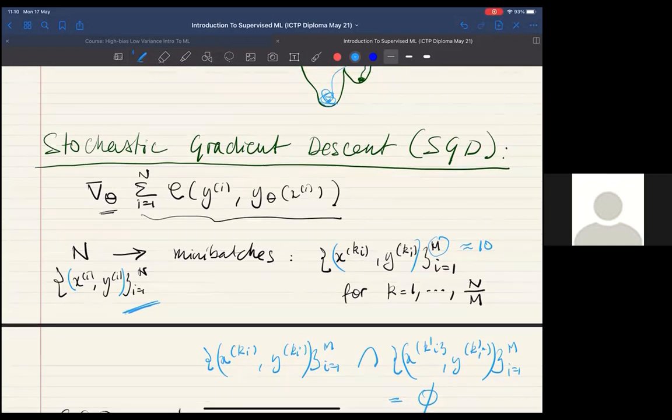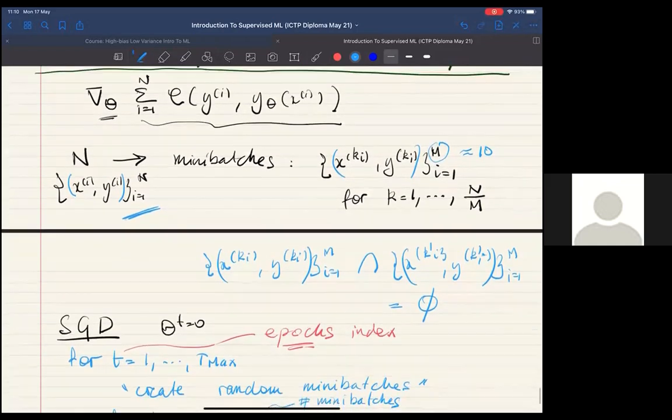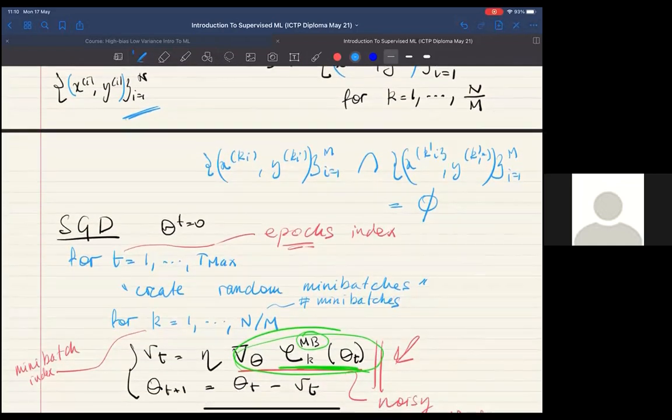And because these mini batches are chosen randomly, this introduces a notion of noise, a notion of stochasticity.